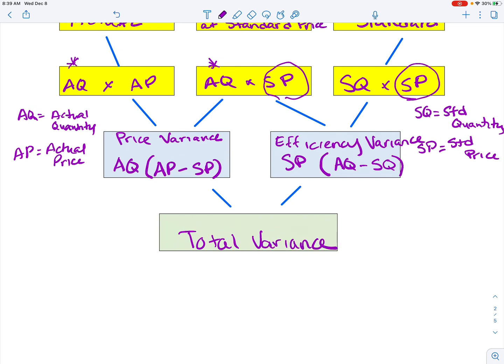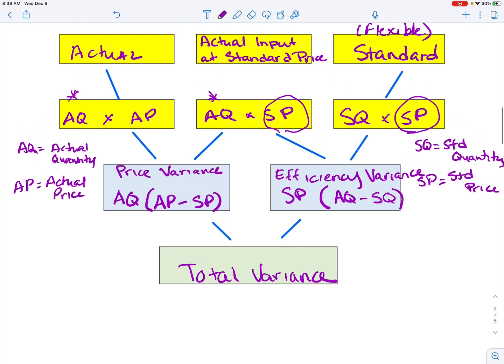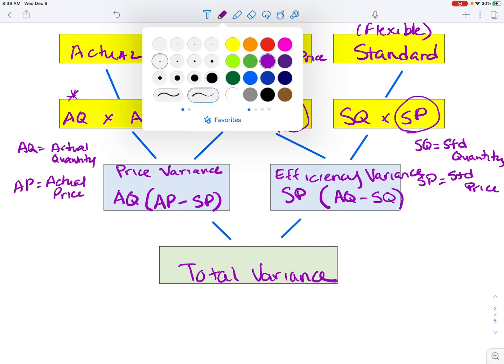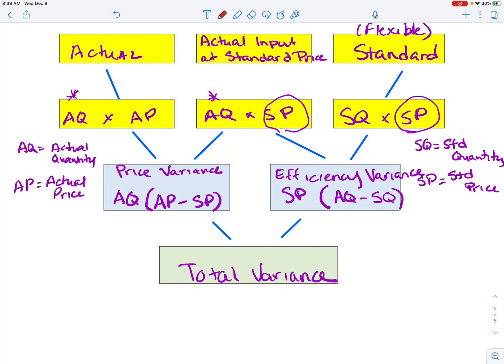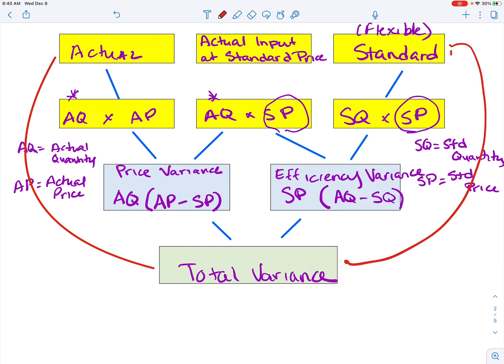I can also get my total variance by looking at the difference between my actual and my standard. So my total variance is comparing my two outside columns, actual versus standard, to get that total variance.